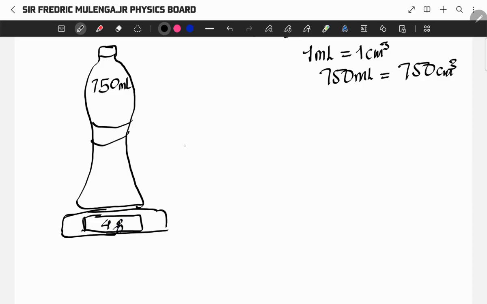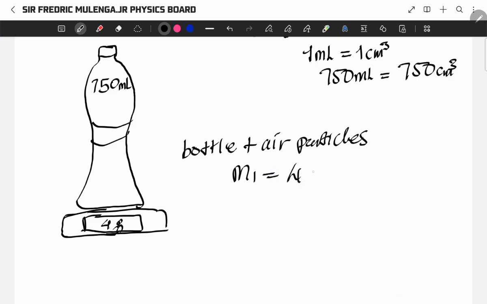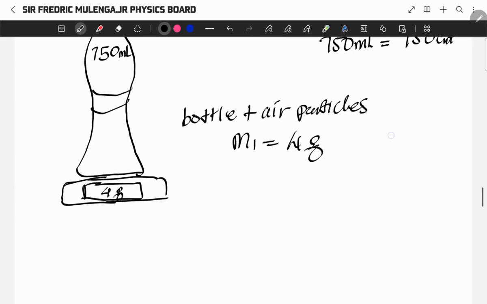So we'll say the bottle with air particles inside is recorded as mass 1. So this mass 1 is just 4 grams.